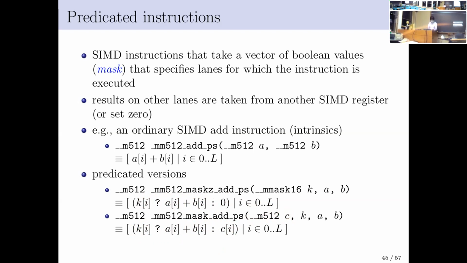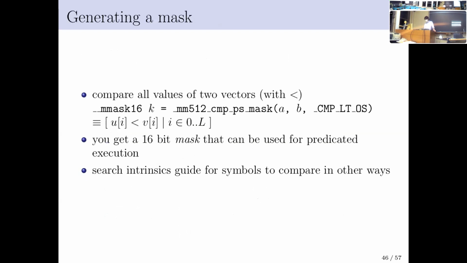So this is how you generally handle branches. In the then branch, you execute particular instructions only on lanes that branch to the then clause, right? And after that, you execute the else clause with the opposite mask, right?